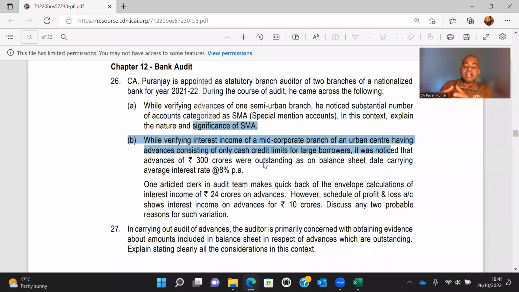If the cash credit limit is 300 crores, they will not pay interest on the limit. They will pay interest on utilization. So probably the utilization of cash credit can be less than the sanction limit, no? For example, my credit card limit is 10 lakhs, but my usage can be 2,000.